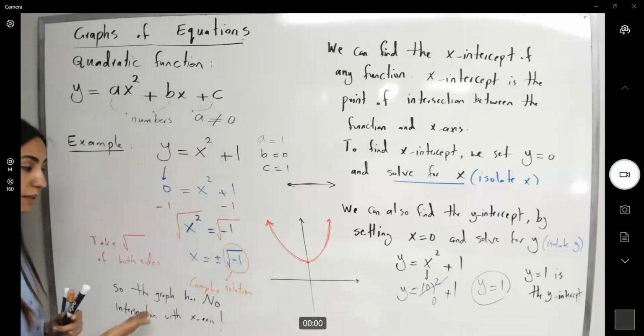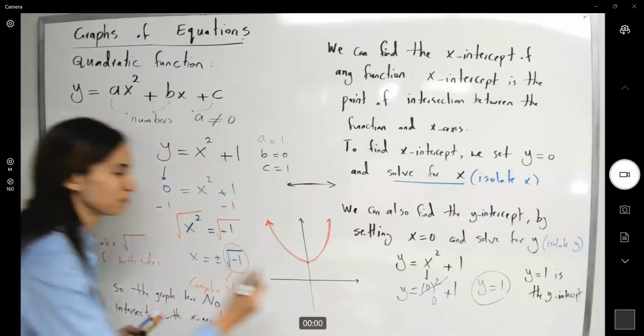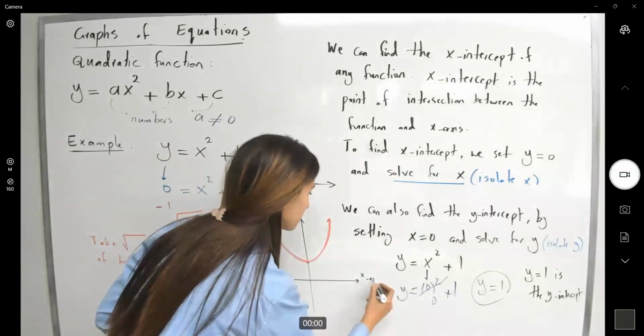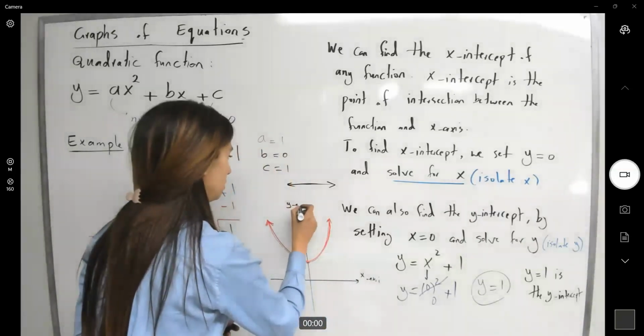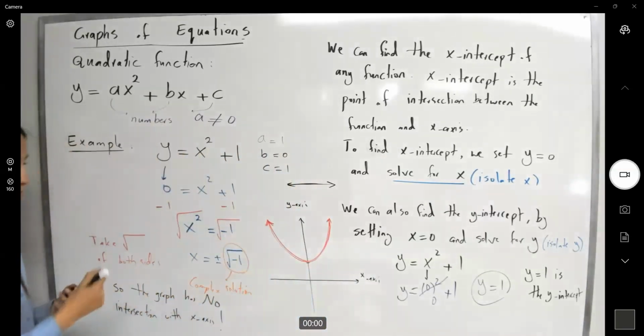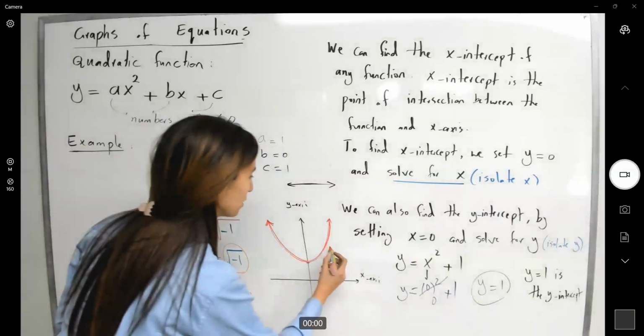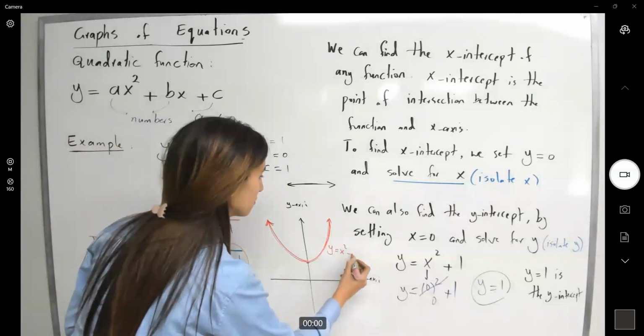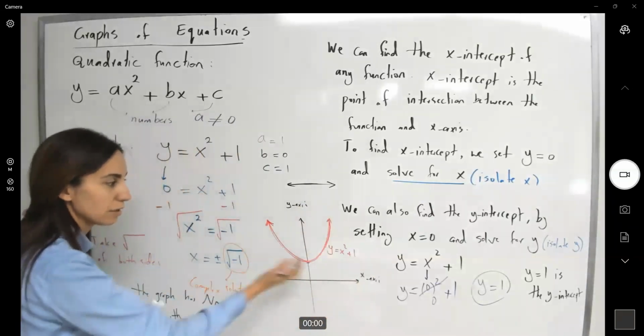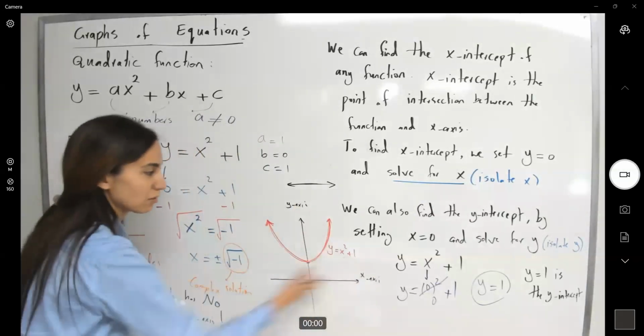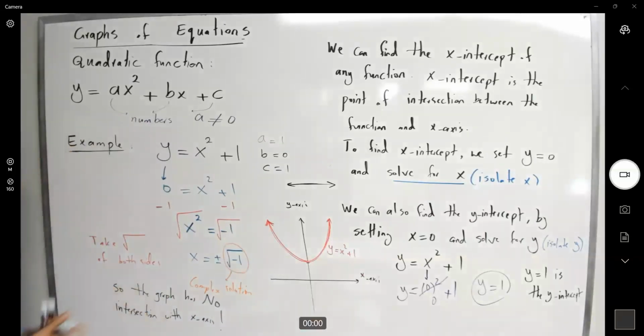That's why we got these complex numbers. This is y equals x squared plus 1, and there is no intersection between the graph and the x-axis. That's why we got the complex solution.